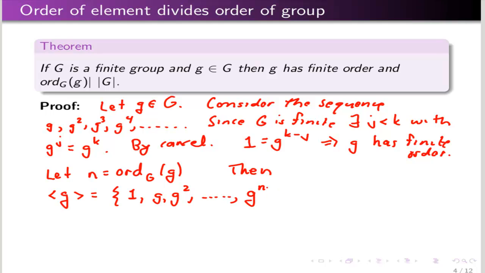So you go all the way up to g to the n minus 1, and then the first time we hit 1 is when I hit g to the nth, and then we've just cycled all the way back to the beginning. And so we see that the order of this group is equal to n. And then by Lagrange's theorem, n must therefore be a divisor of the group order.